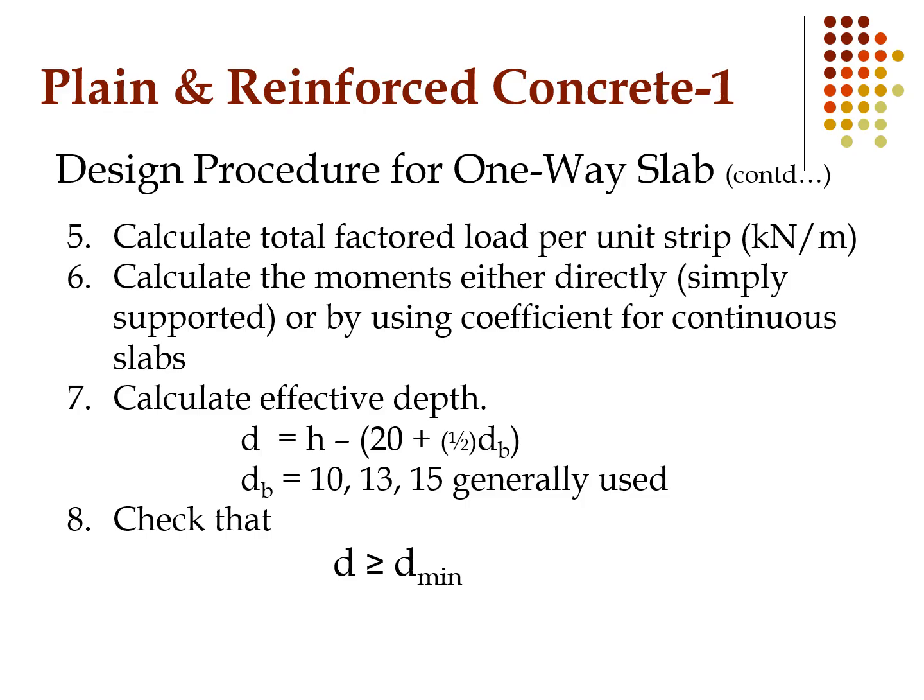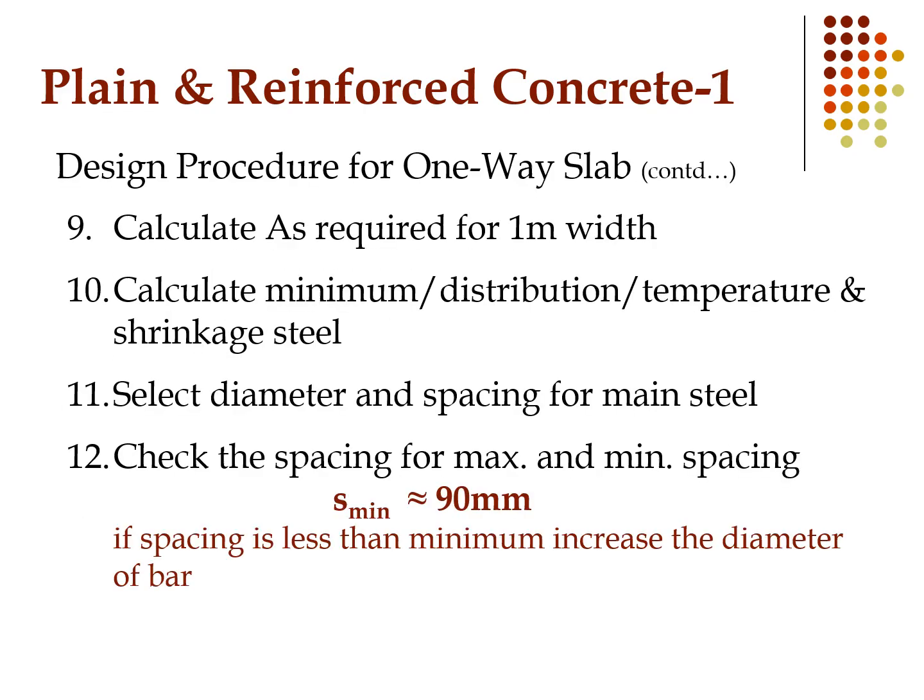We need to check that D is greater than the minimum. Then we calculate the area of steel required for 1 meter width. Then we calculate the minimum distribution or temperature steel. We calculate the diameter and spacing of the bar, and we check the maximum spacing criteria.